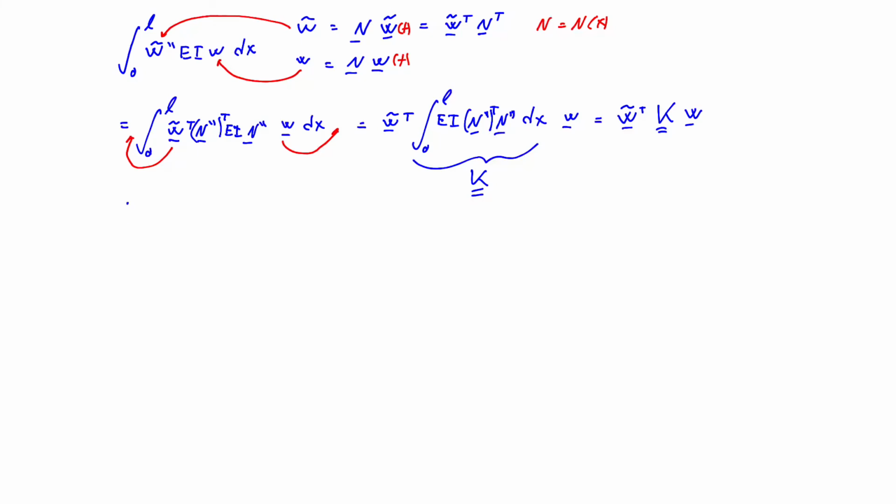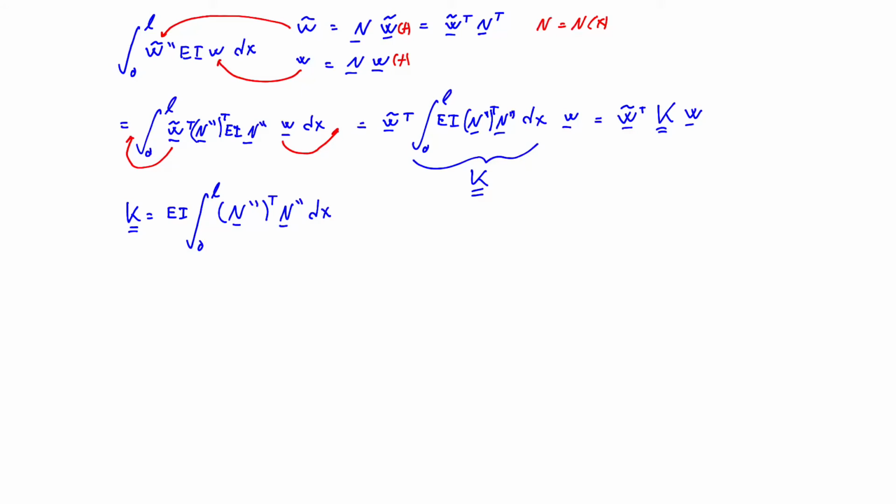So the stiffness matrix is equal to, and if EI is constant, we can take that outside the integral. If it's not constant over a given element, then it has to stay inside the integral. Then we have the shape function double derivative transposed, multiplied by itself, and then the integral over the length of the beam. This will be a matrix that has dimensions equal to the number of degrees of freedom we have for a given element.